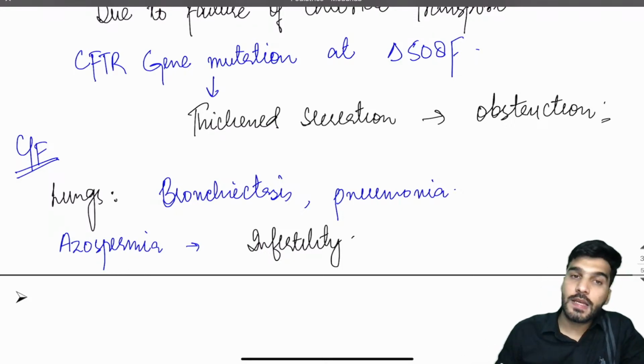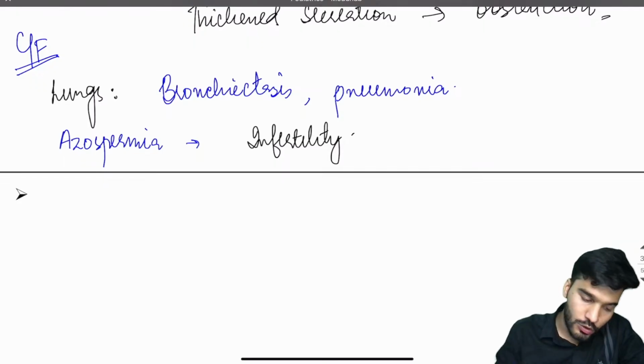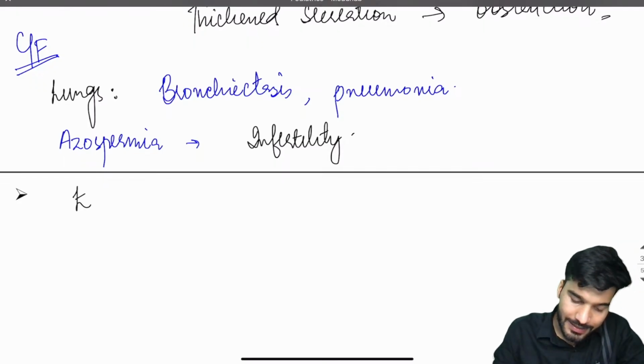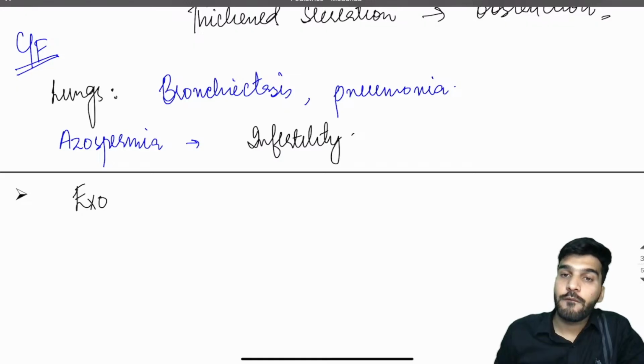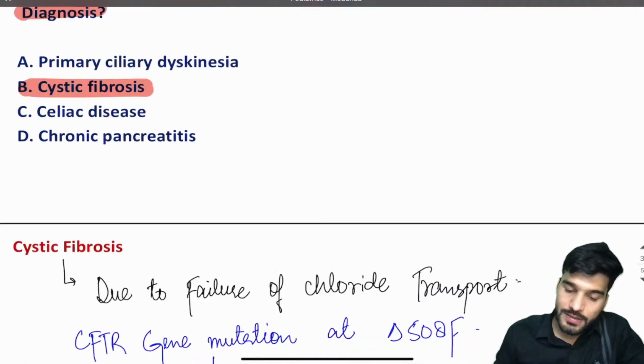Due to cystic fibrosis, the patient will also have exocrine pancreatic insufficiency, which will lead to malabsorption, and that's why we have fatty stools.